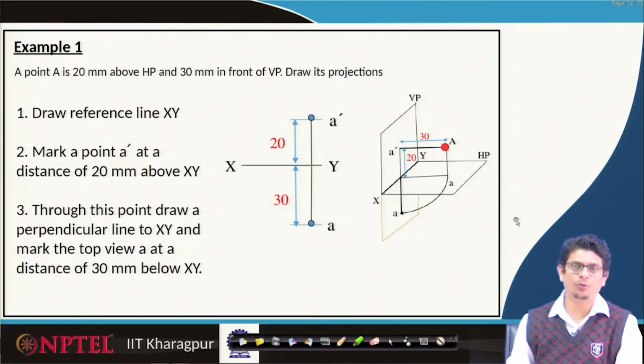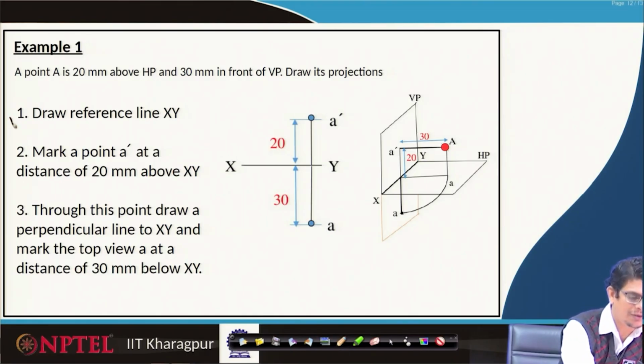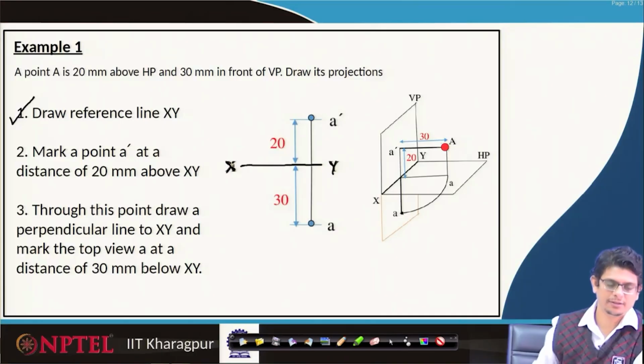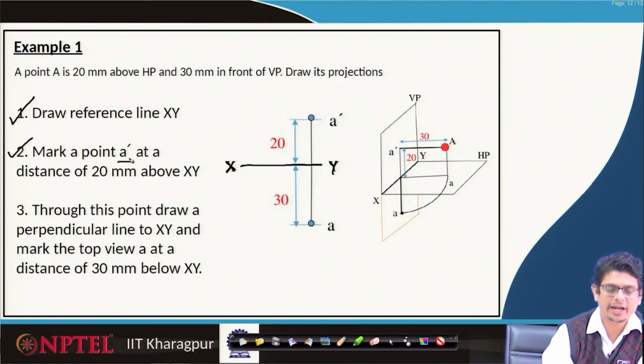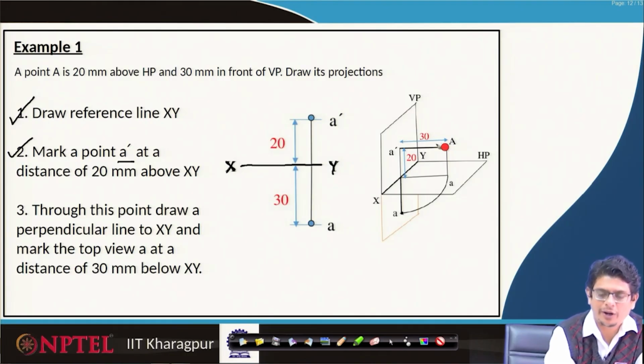The steps that we have followed: first of all, one has to draw a reference line xy, this is the xy line. Then mark a point A prime at a distance 20 mm above xy. Point A we projected onto the vertical plane 20 mm.